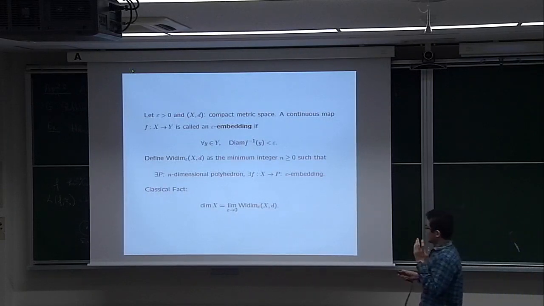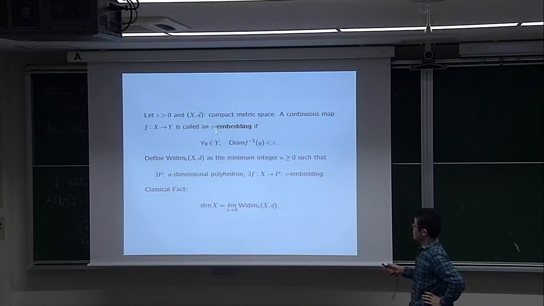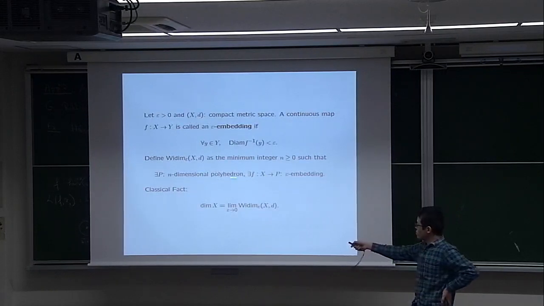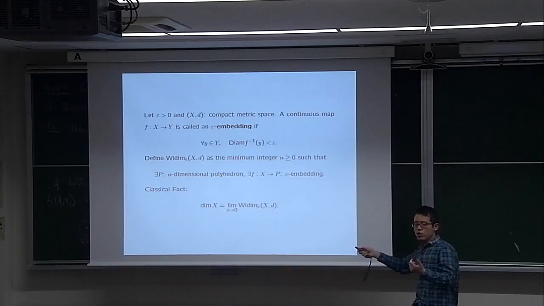Then we define the epsilon width dimension of a compact metric space X as follows. This is the minimum integer n such that there exists an n-dimensional polyhedron P and an epsilon embedding from X to P. Here, polyhedron means just a simplicial complex.